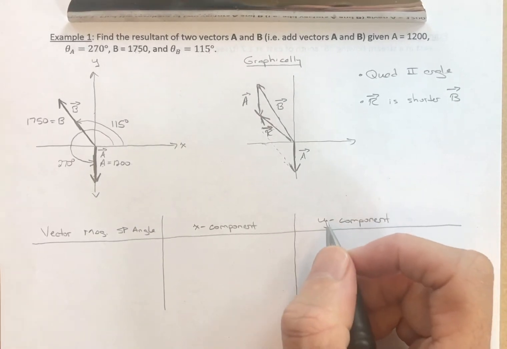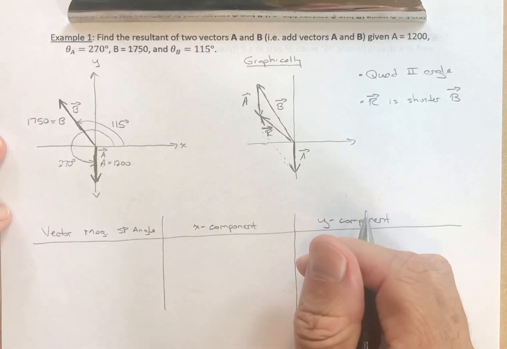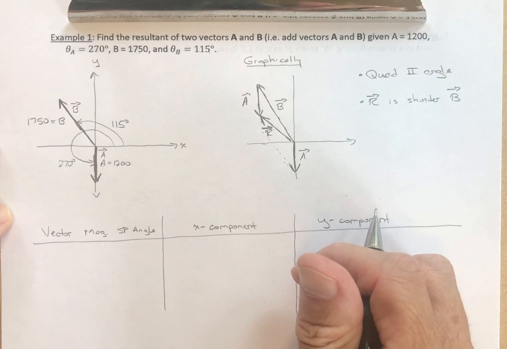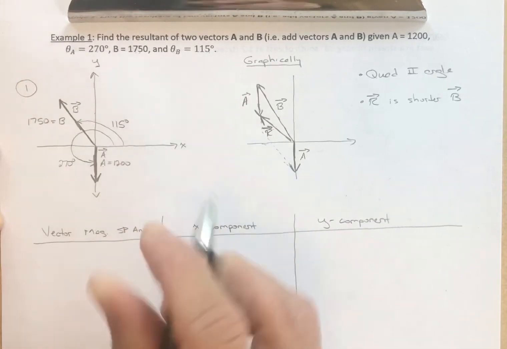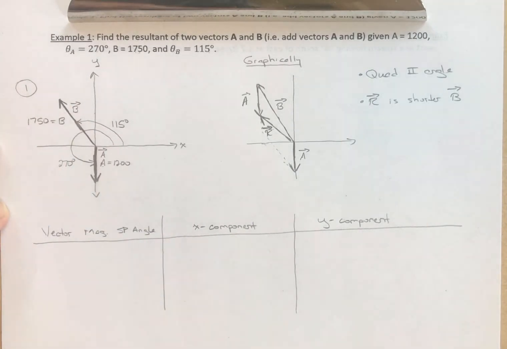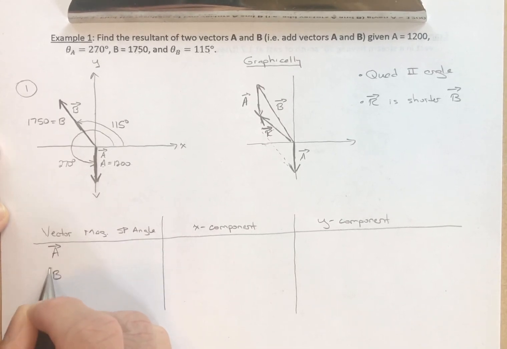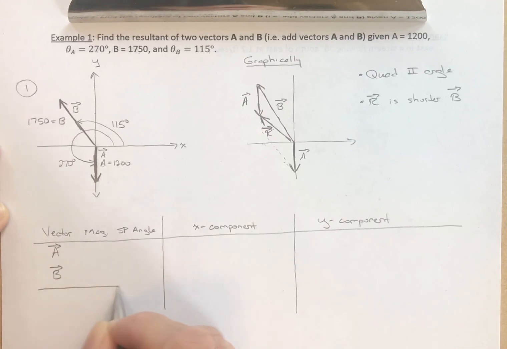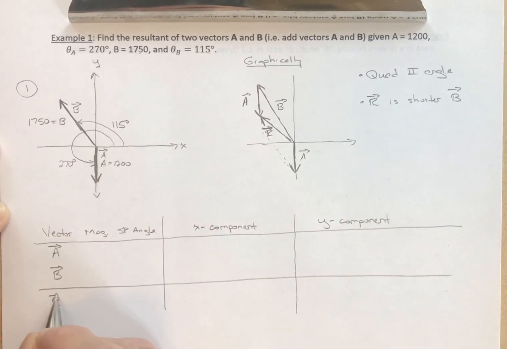Let's first remember our steps. Step 1, as necessary, place all vectors in standard position, tails at the origin. So I've got vector A, vector B, and this is going to be the resultant vector here.